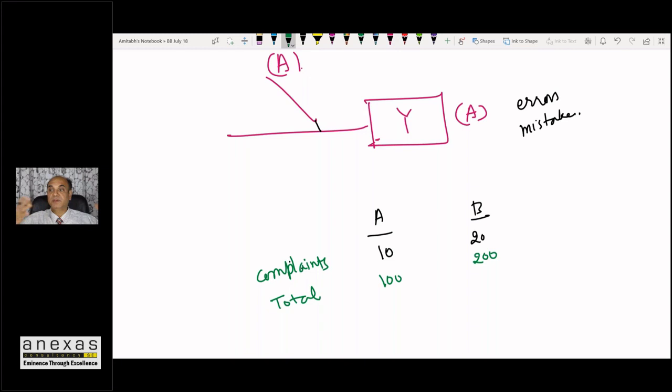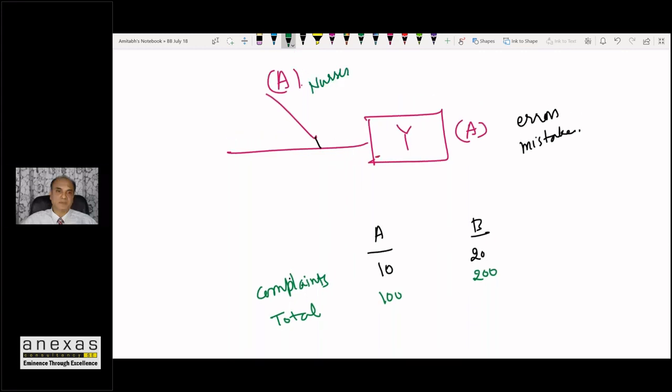Whenever you are dealing with attribute data, you'll be talking about categories, and then you'll be creating the frequency. Here I was trying to establish whether there is any relationship between the nurses and the mistakes, meaning some nurses committing more mistakes compared to others. I've got two nurses here, and I'll create a frequency table.